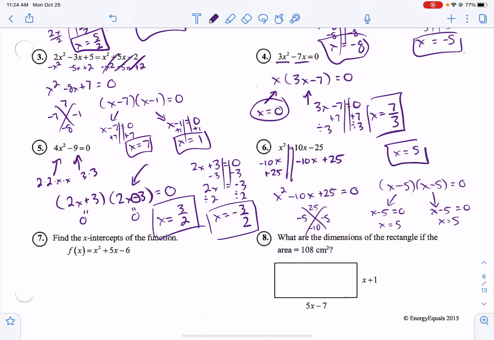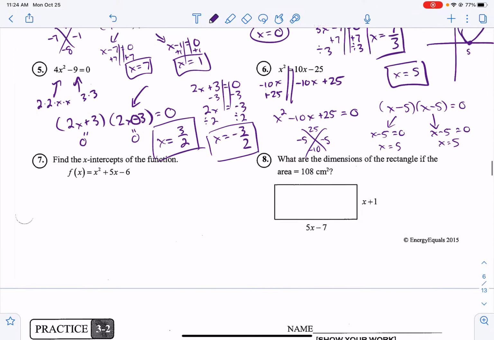So x is only equal to 5. It's the only number that works. So this is going to be one of those parabolas that only touches at 5. It doesn't actually cross. It just touches the x-axis at 5 because there's only one solution. The other ones have had 2 solutions, so they've crossed in 2 places. This one only crosses in 1.